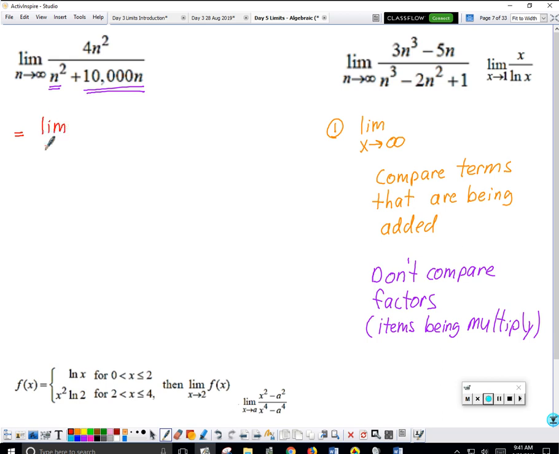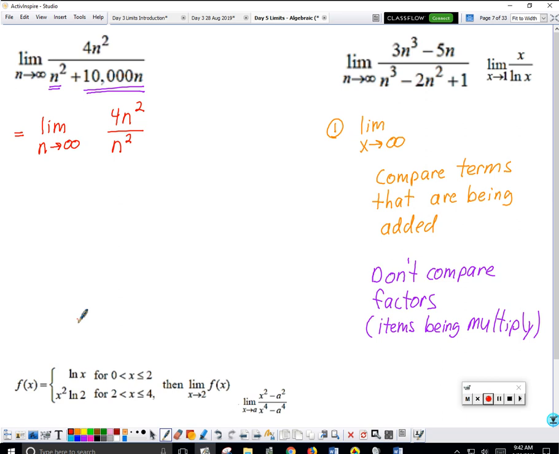So make sure you write the word limit. So you're declaring to the grader that you understand that these two limits are equivalent because of the fact that the n squared will dominate over the 10,000n as n approaches infinity.